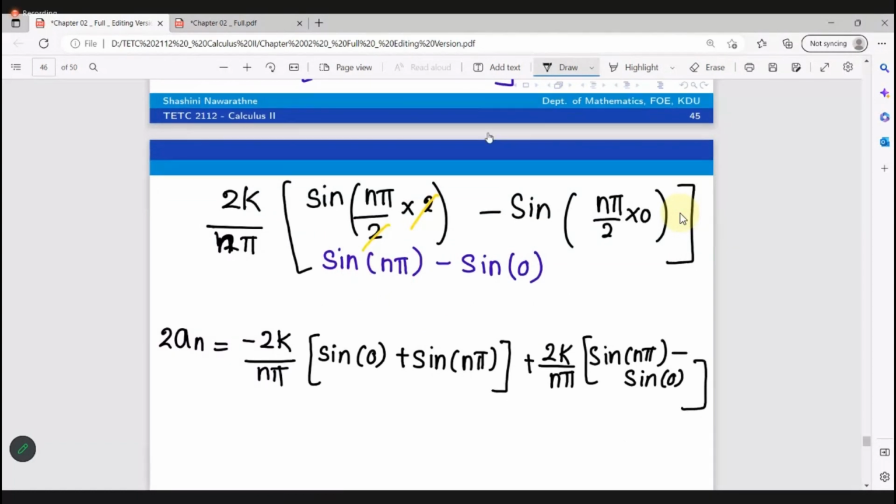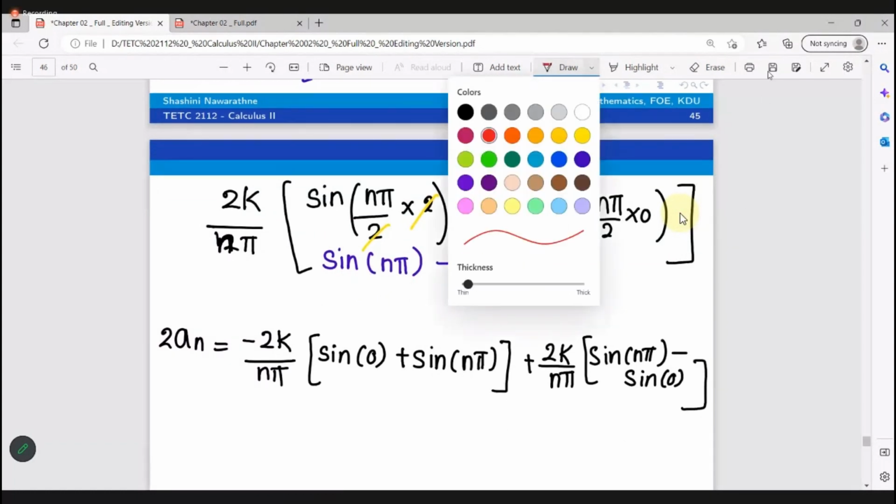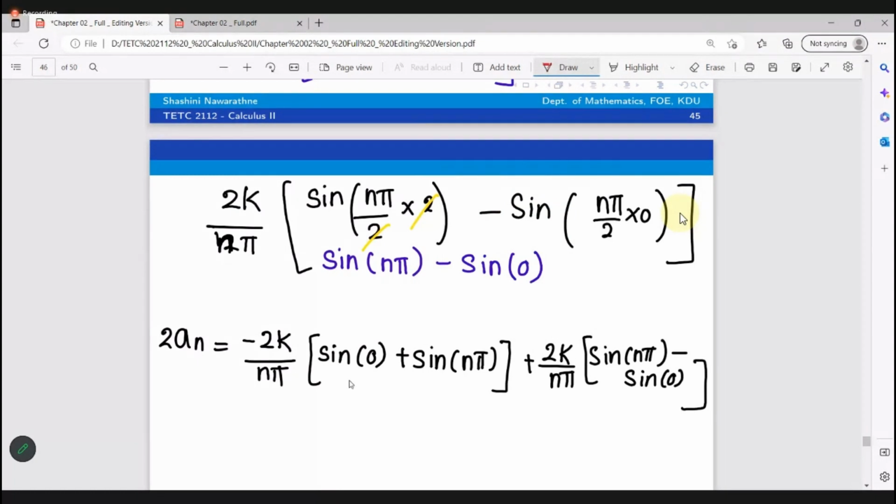So as we mentioned in our first session, what is the value of sin n phi? Tell me, sin 0. Sin 0 is equals to 0. Here also we have sin 0. It's again 0. Sin n phi? What's the value for sin n phi?